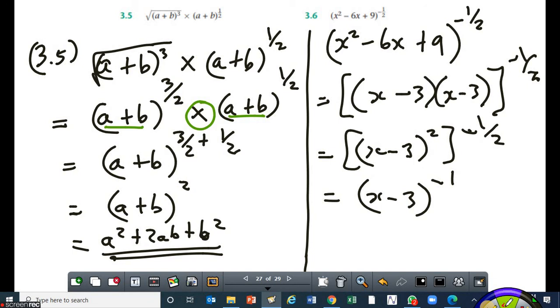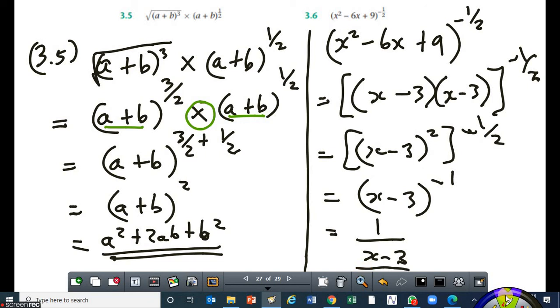Okay. So our base is x minus 3, so the final answer will be 1 over x minus 3. That's the final answer. I use this definition.